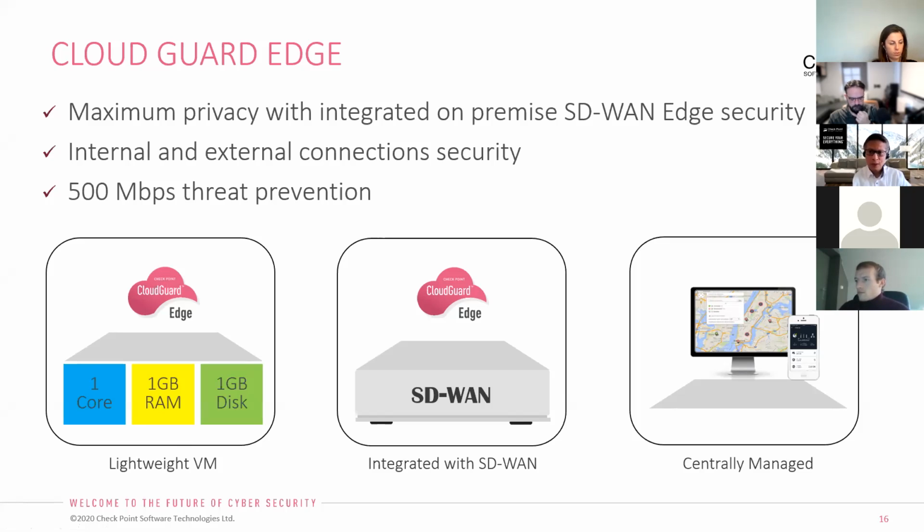But we can reach, for instance, with those Edge, 500 megabit per second threat prevention, covering most of the security features that we have in our solutions by just running that next to your SD-WAN solution. This is really an easy way to deploy.